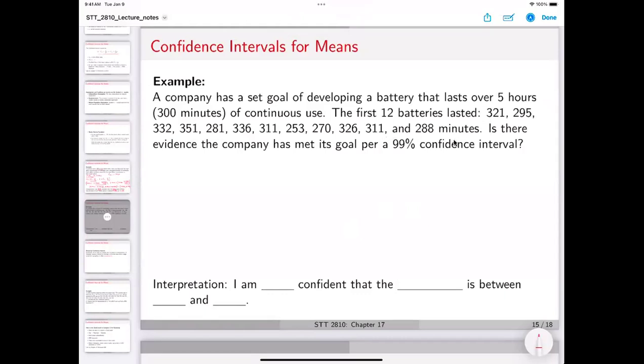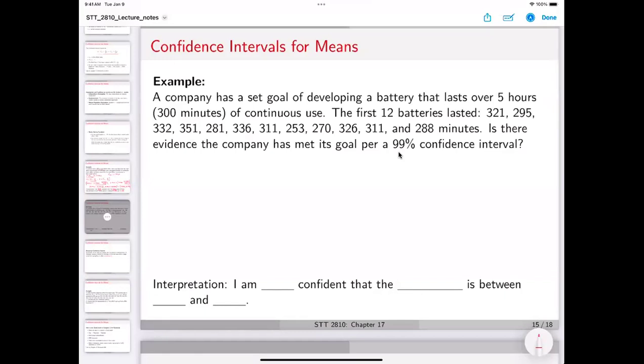And then the question is that, is there evidence that the company has met its goal using a 99% confidence level? So to be able to answer problems like this, we need to open StatCrunch. So here you can see that we have to compute the sample mean and then the sample standard deviation by ourselves. Is that okay?